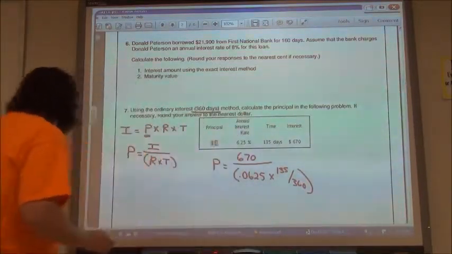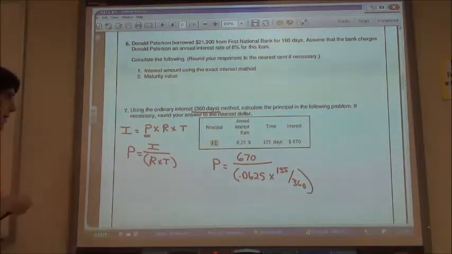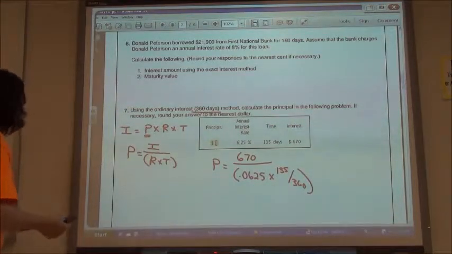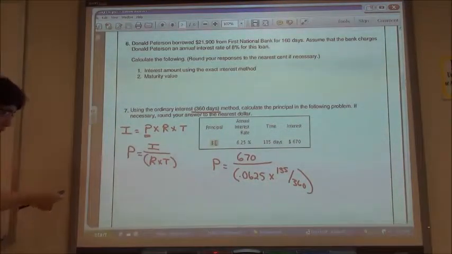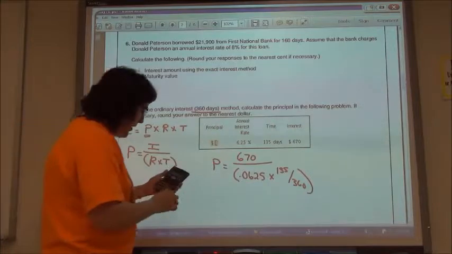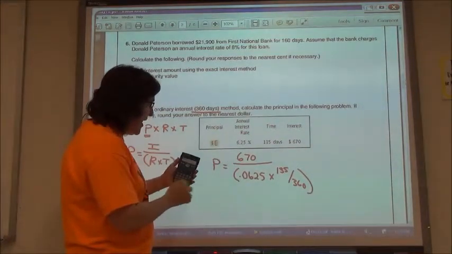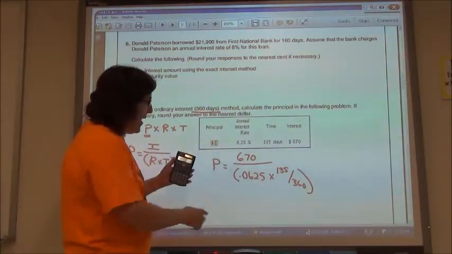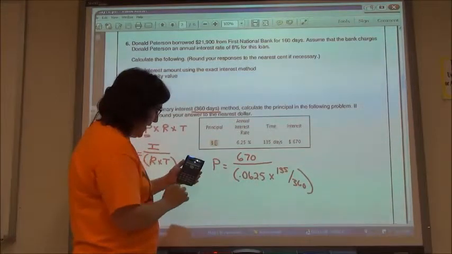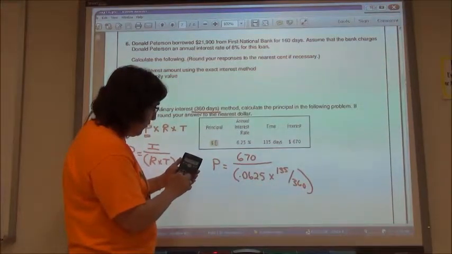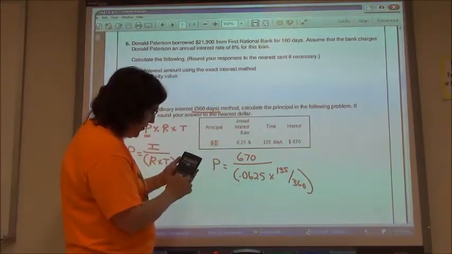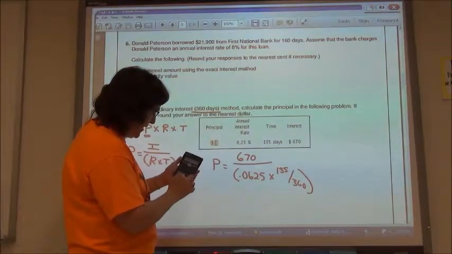So when we punch that into our calculator, again, we're going to use the division for that fraction, but we're going to have 670 divided by, and then in parentheses, 0.0625 times 135 divided by 360.